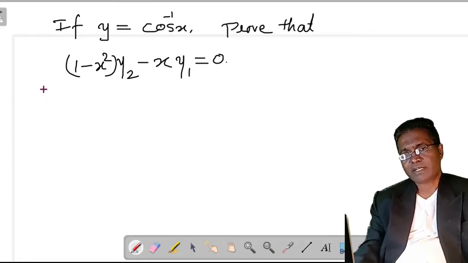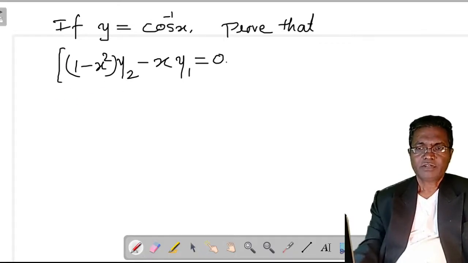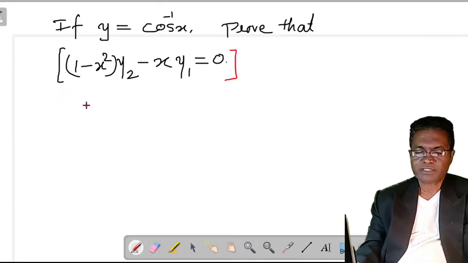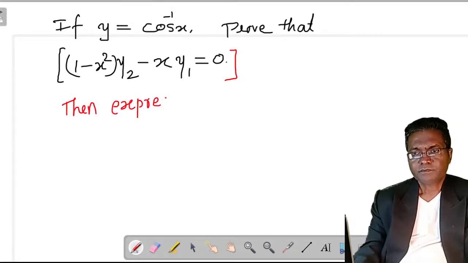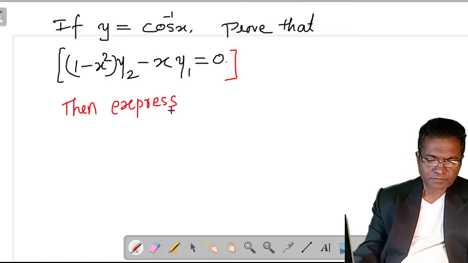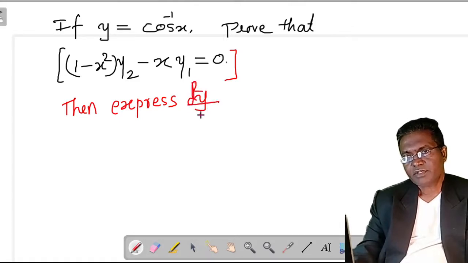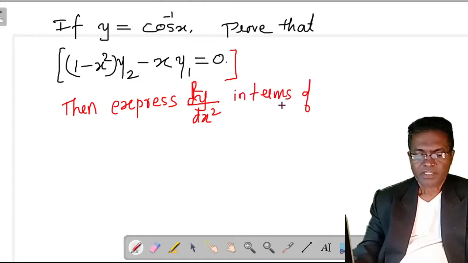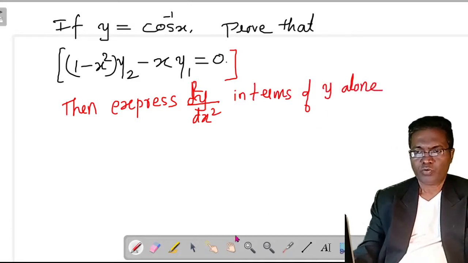In the textbook you are asked like this: if y is equal to cos inverse x, then express d square y by dx square in terms of y alone.